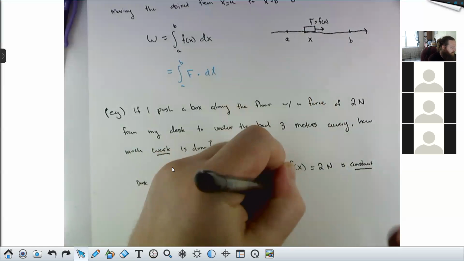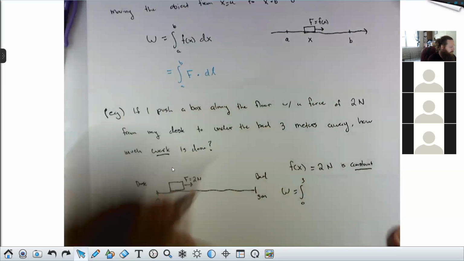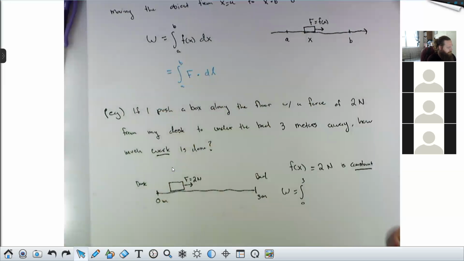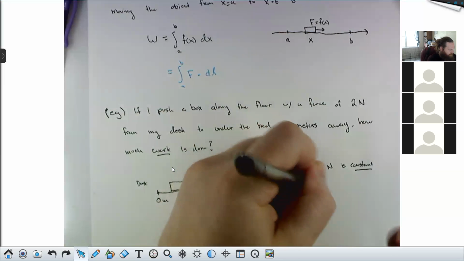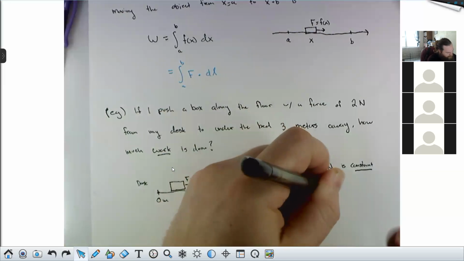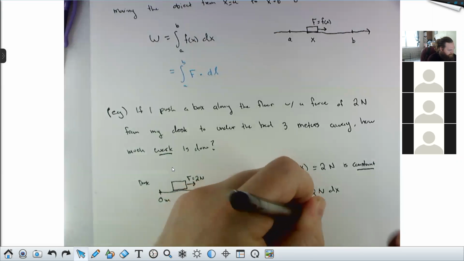So you could say, all right, the work is going to be the integral from 0 to 3, from my starting position to my ending position, of this function dx. I'm leaving the units in there. You could leave the N for newtons off if you want, but that's a constant.